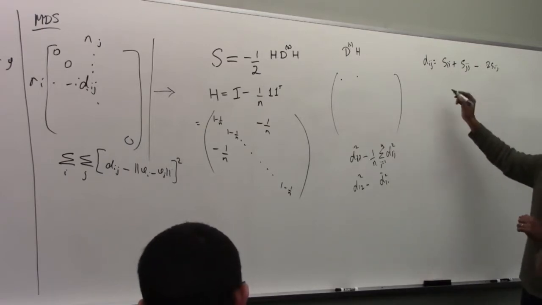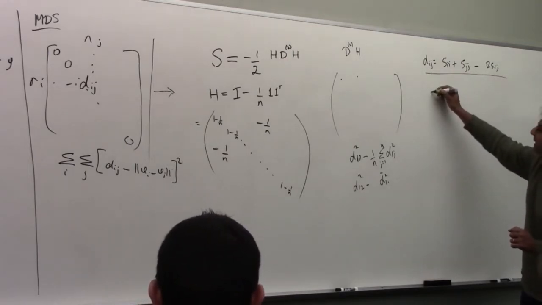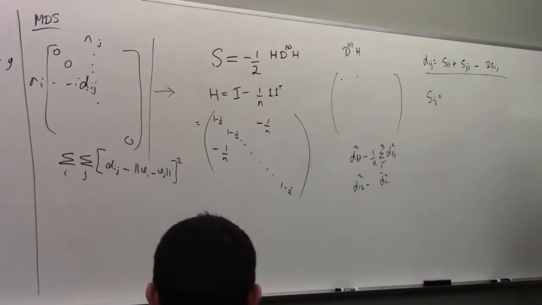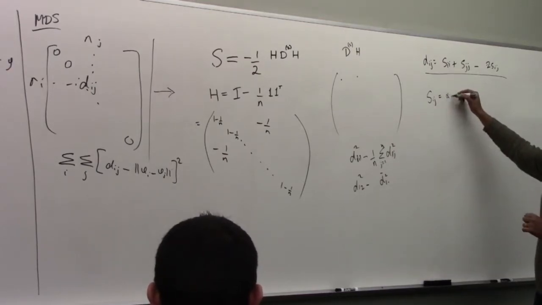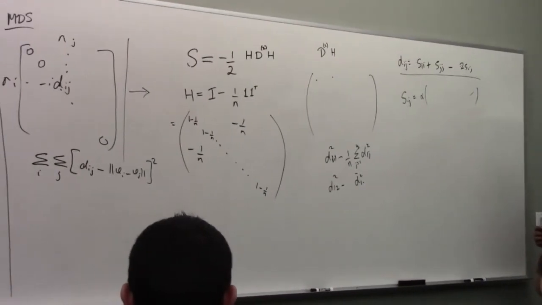It's not hard to see that if you want this property to be true, all you need for S is that Sij should be equal to some scale constant, which we'll have to put in later, times, let me see, what is the right expression?